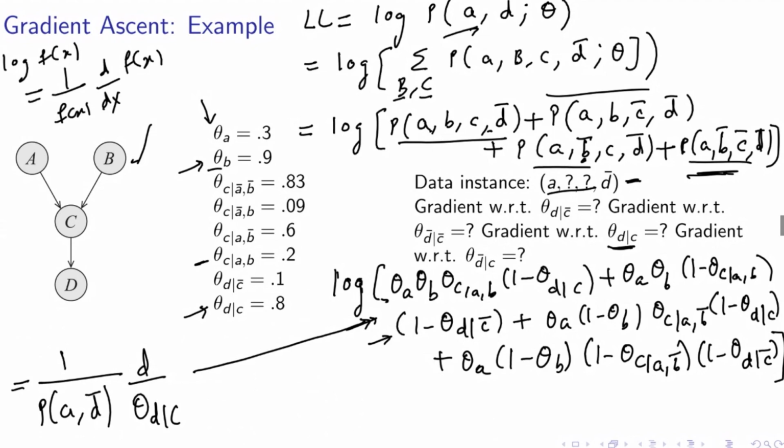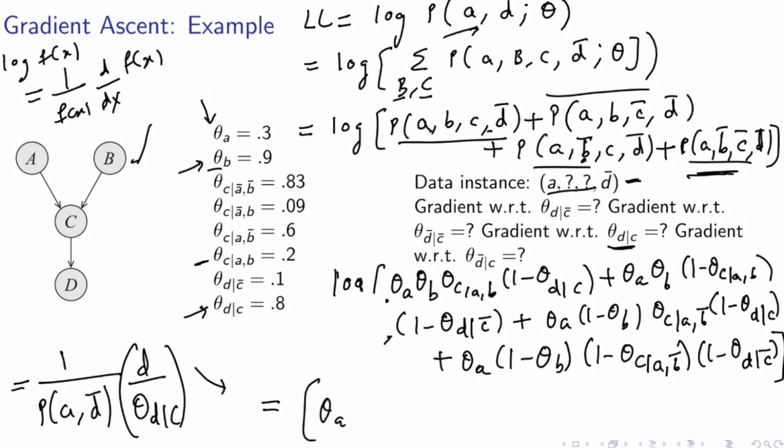So what is the derivative of that expression? Let's calculate that. The first term will be theta a, theta b, theta of c given ab, and the derivative of 1 minus theta of d given c is nothing but minus 1.